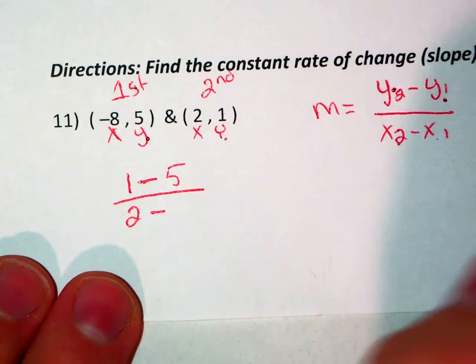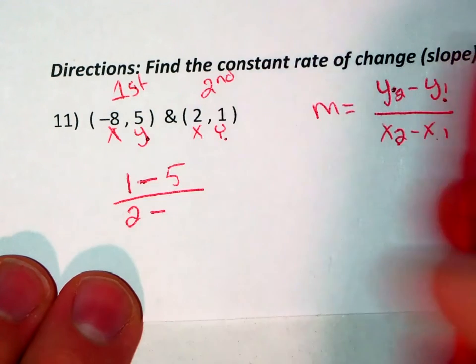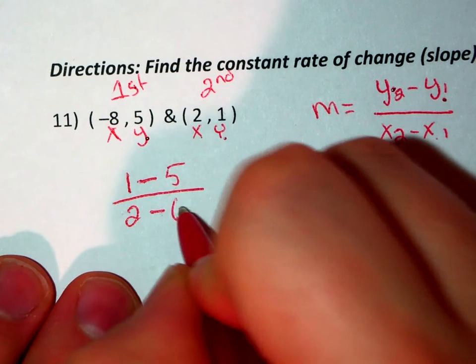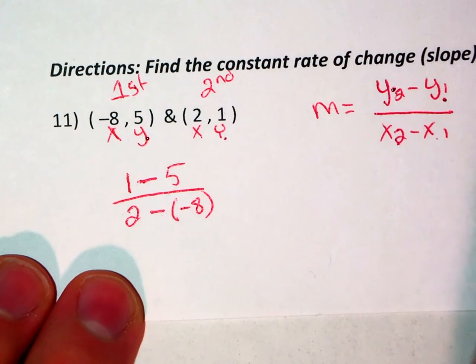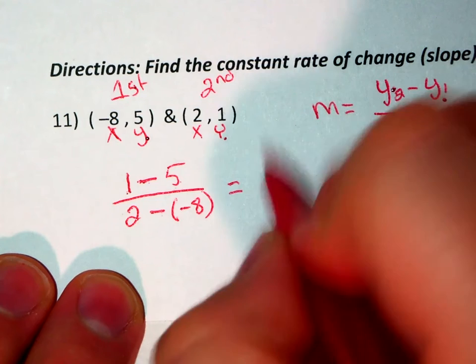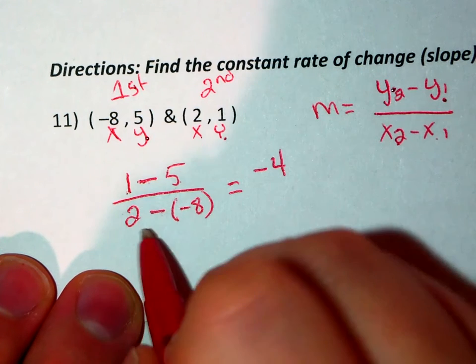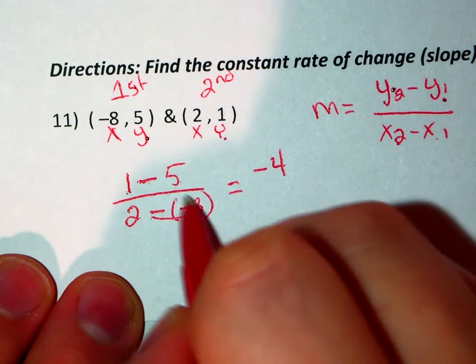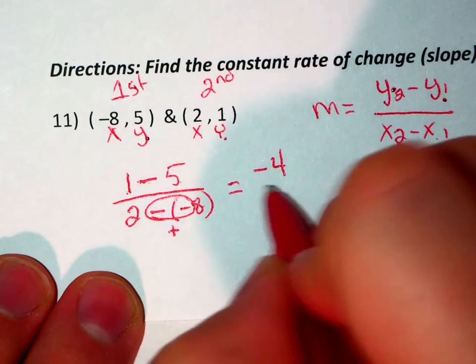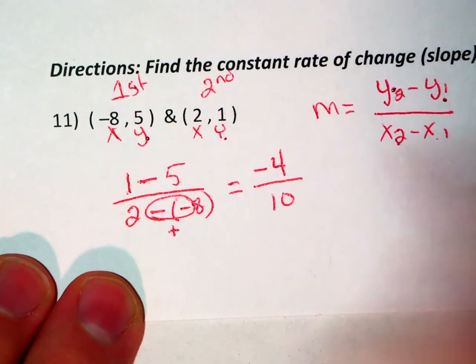And be very careful here, because my x from my first term is negative 8, and I still need a subtraction sign, so negative 8. 1 minus 5 equals negative 4. And a minus a negative becomes a positive, so 2 plus 8 equals 10.